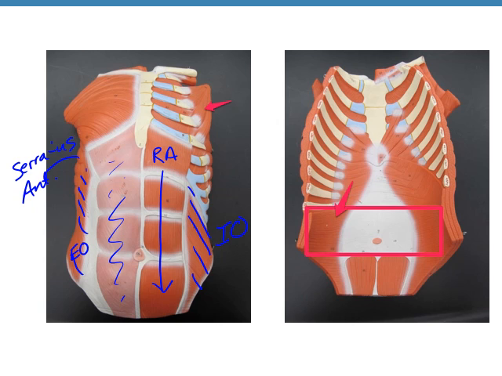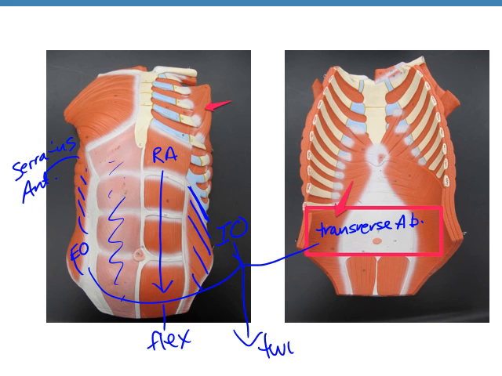Notice that the internal obliques stop at the bottom of the rib cage. We have to go to the inside of the model in order to see the transverse abdominis, right? The rectus abdominis is going to be used for flexing at the trunk. All of the rest of these you're going to use to do twisting motion at the trunk.